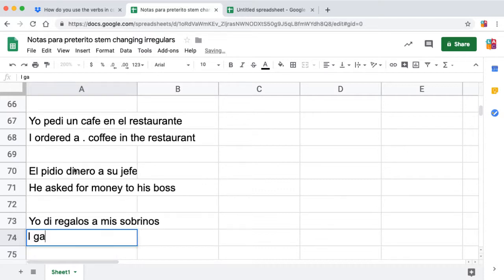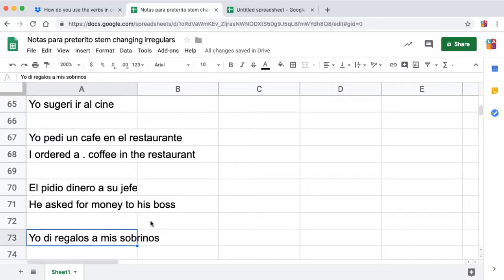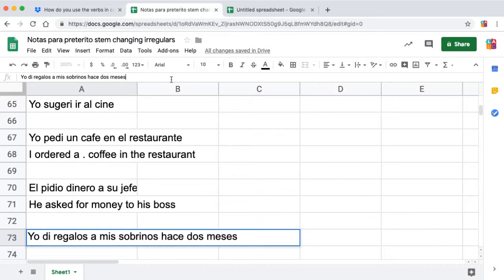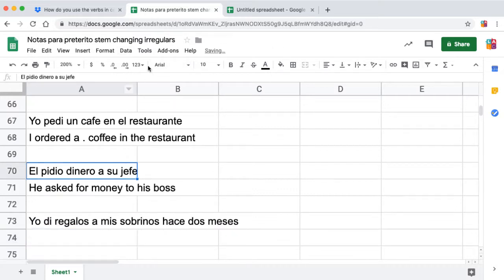So I gave presents. Oh, and sorry, I want to keep doing hace un año, 1 year ago. I want to keep you guys used to using this expression. So hace 2 meses, 2 months ago or something. And then él pidió dinero a su jefe la semana pasada, last week, right?